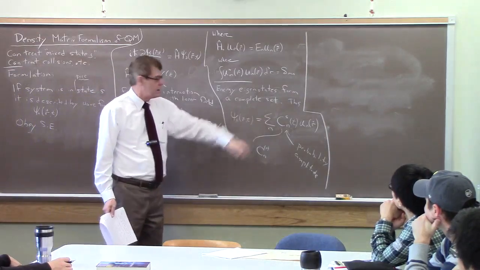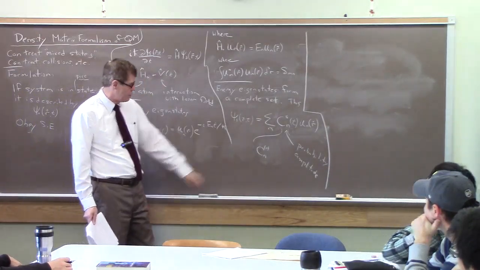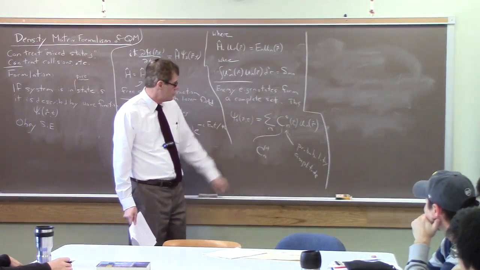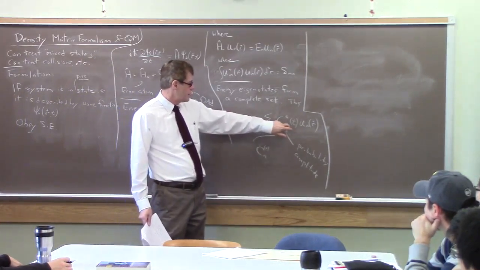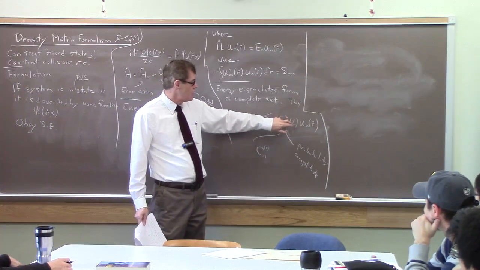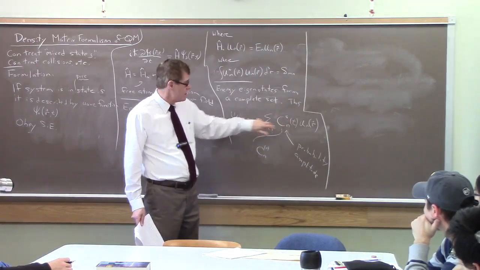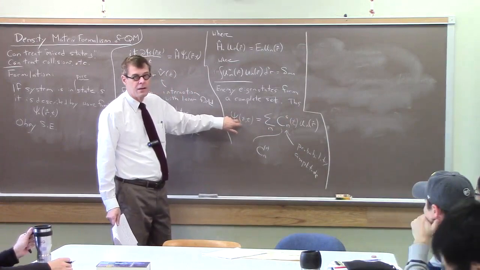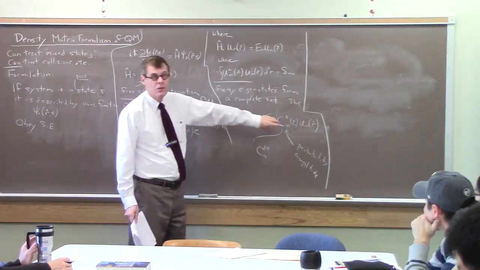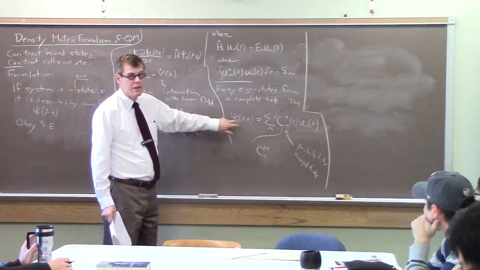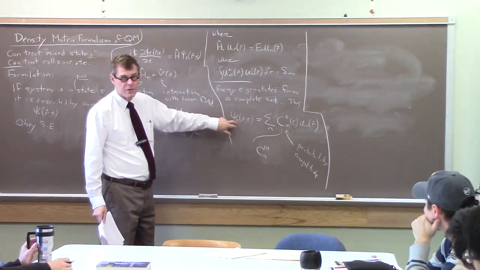So a second avenue that's available to us is to note that if we know the time evolution of each of these expansion coefficients, then we just use this equation to determine the time evolution of the wave function itself.